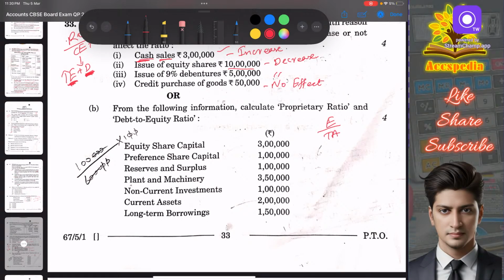So we have equity: share capital, reserves and surplus. These three together are equity, which is 5 lakh. Then total assets are non-current assets plus current assets. Plant and machinery and non-current investment are non-current assets, then current assets. Long-term borrowings we don't need here. So non-current plus current is total assets.